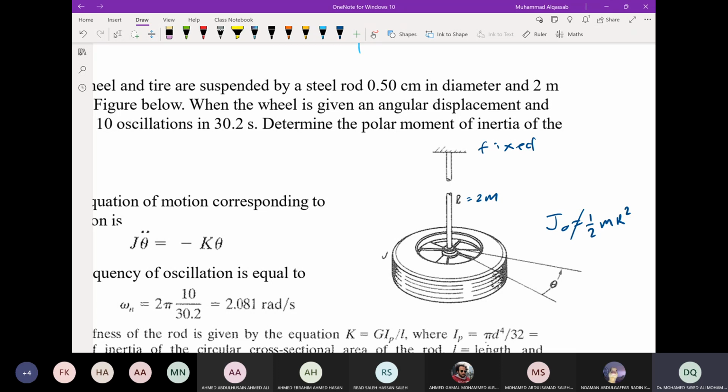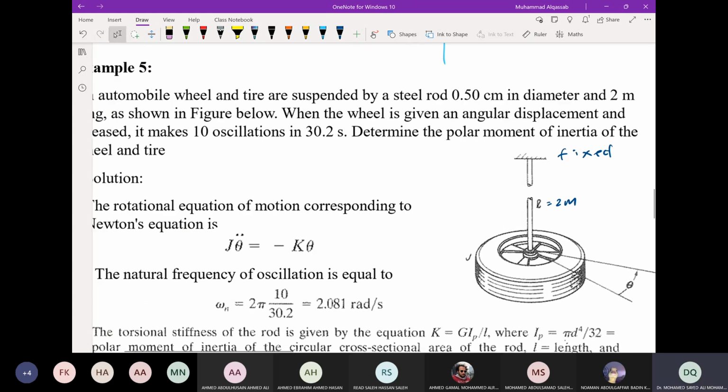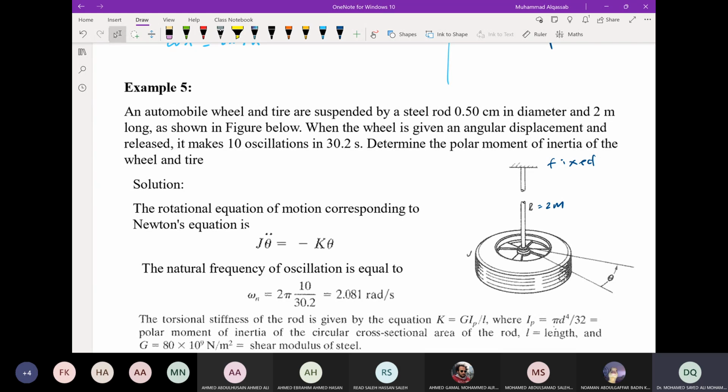So one way to find the moment of inertia of the assembly is by conducting an experiment. You can support the wheel and tire assembly with the shaft, and you make the shaft long so that the rotation will be noticeable.